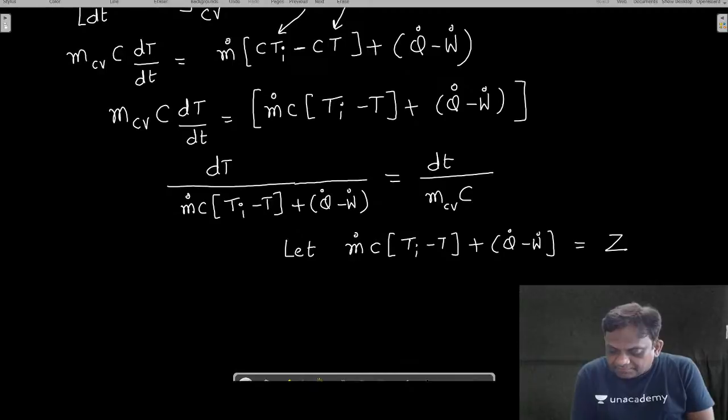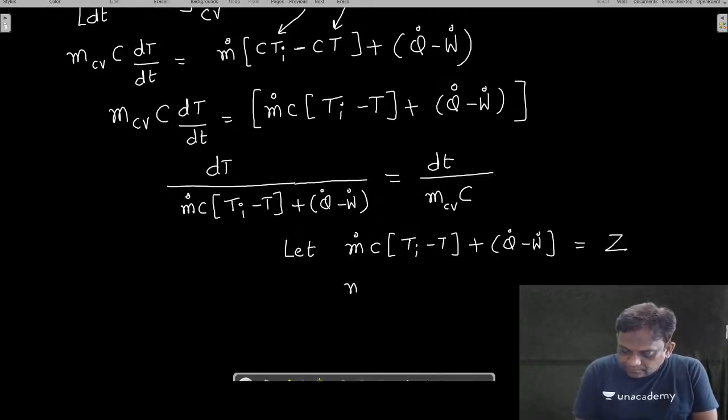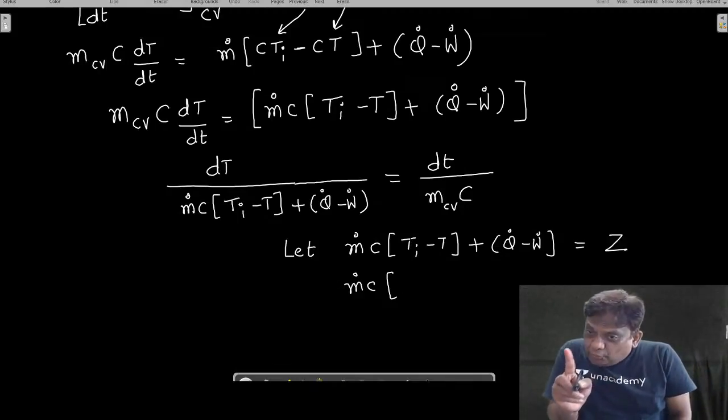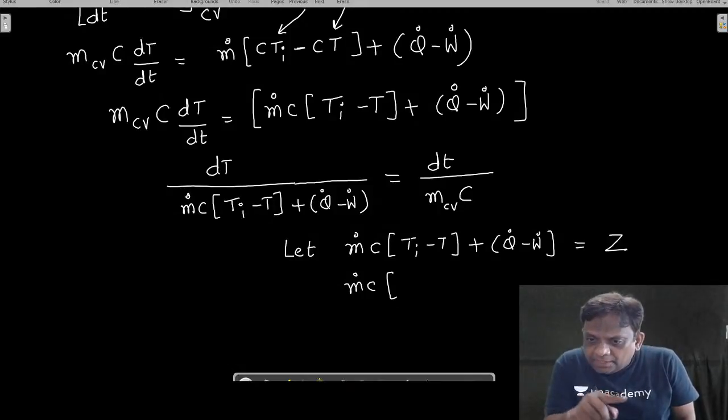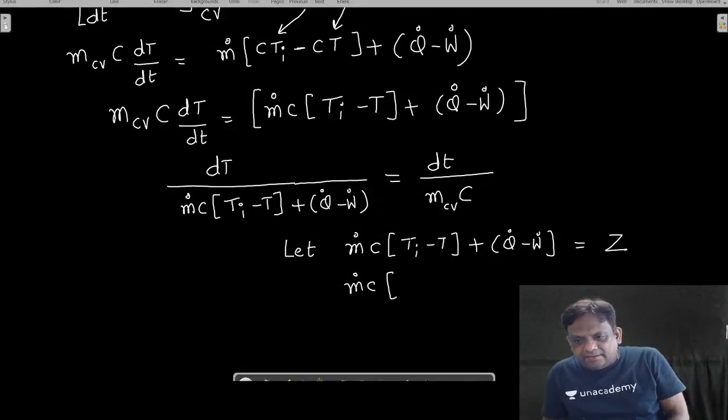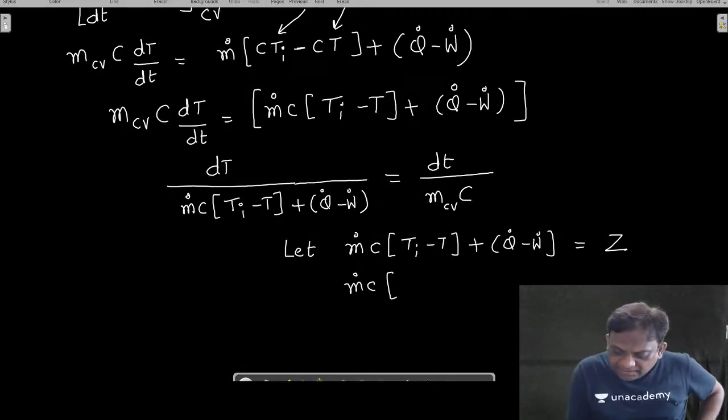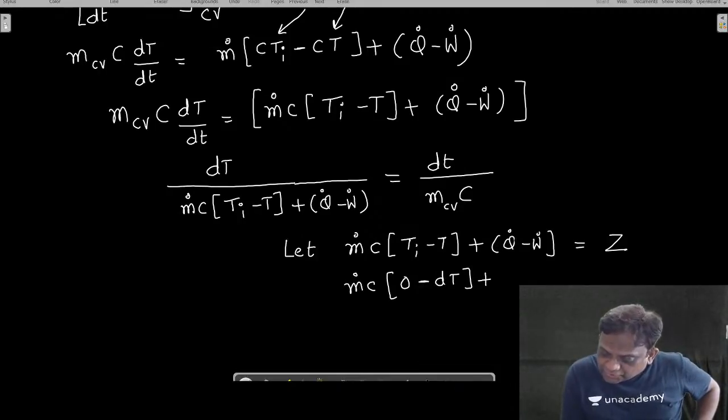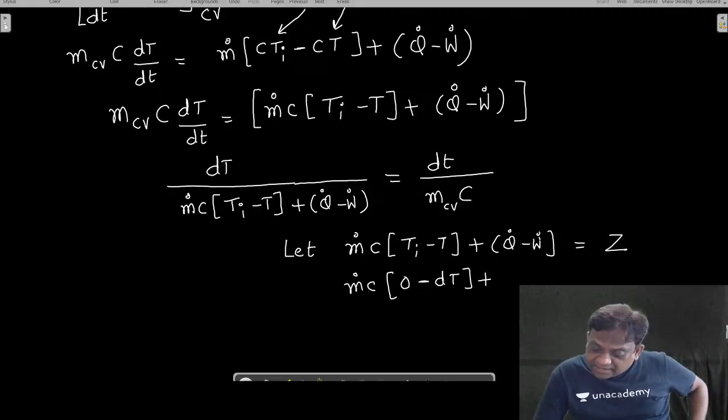Now differentiate this. Look, m dot c Ti, the temperature at which the fluid is entering, is constant. It is constant. So what is the differentiation of a constant? Zero. What is the differentiation of minus T? Minus dT, plus this is constant. So the heat transfer rate and work transfer rate are constant. Zero minus zero is equal to the differentiation of Z, which is dZ.